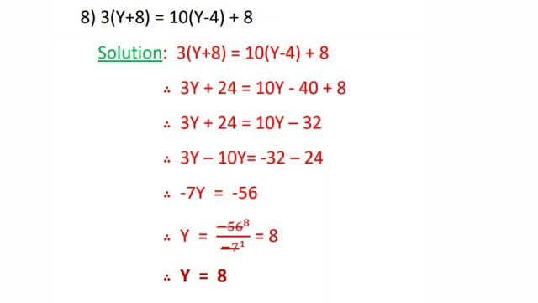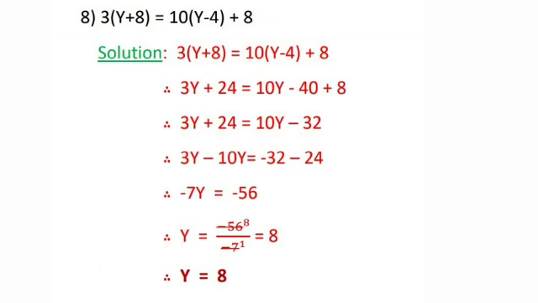Now therefore 3y plus 24 is equal to 10y minus 40 plus 8, minus into plus is minus. So 40 minus 8 is 32, sign of a bigger number minus. So 3y plus 24 is equal to 10y minus 32.